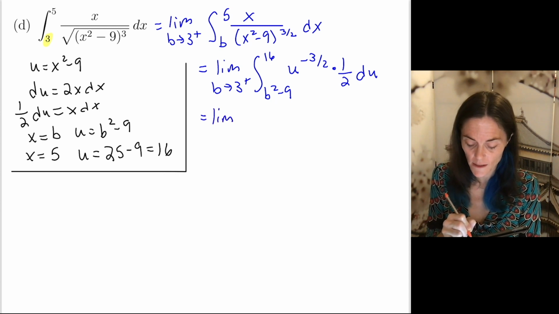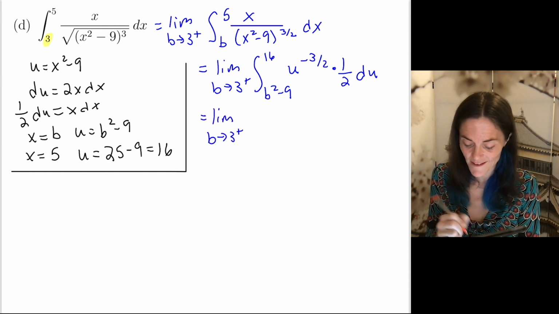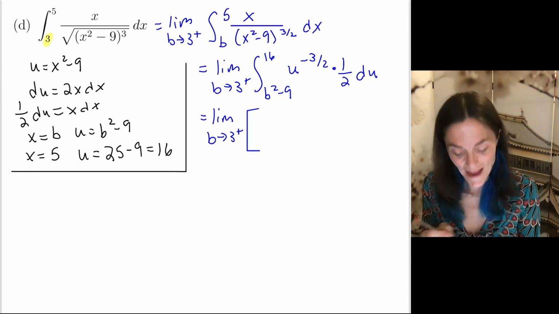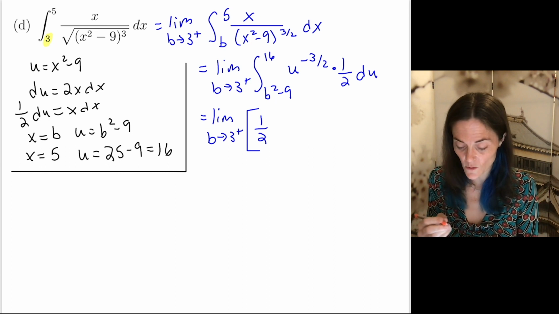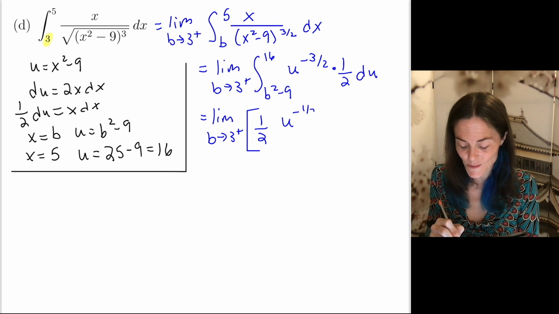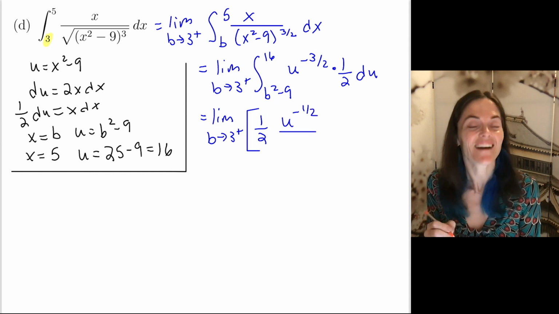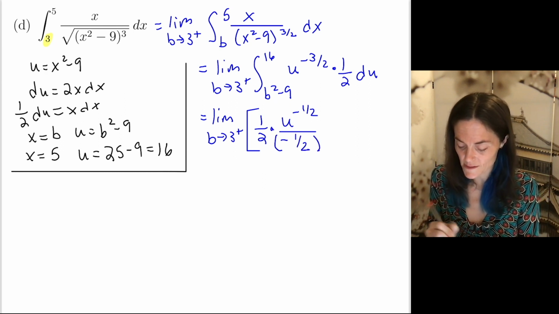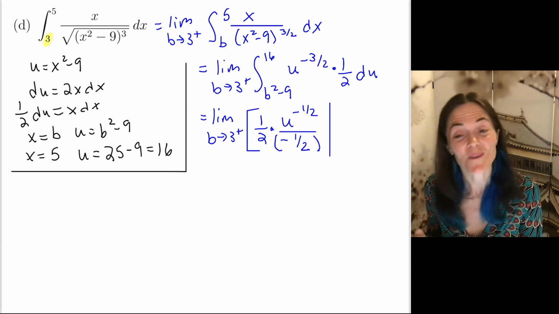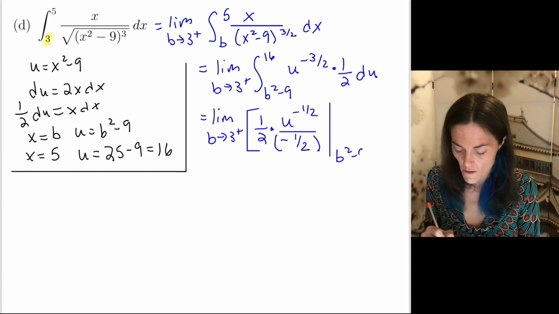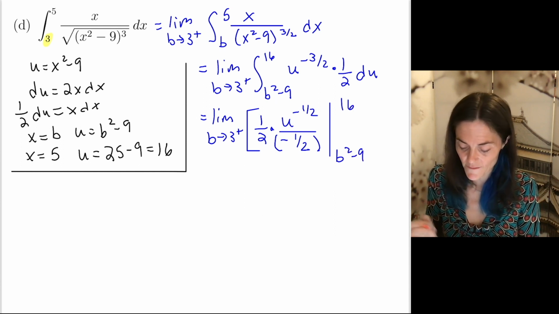We have a limit as b goes to 3, and I can add a power and divide by the higher power. We have a 1/2, that's the coefficient here. And then when we add a power, I get u to the minus 1/2, and divide by the higher power, so we're dividing by minus 1/2. Maybe I will do this so it makes it a little more clear. And then evaluated between our two u limits of integration.